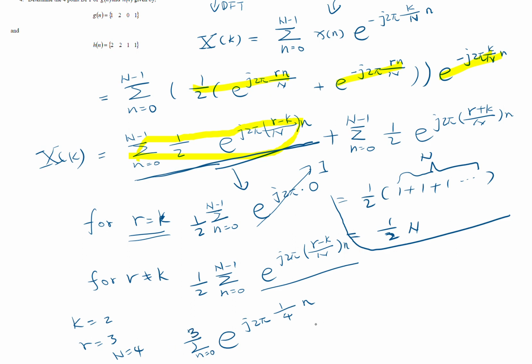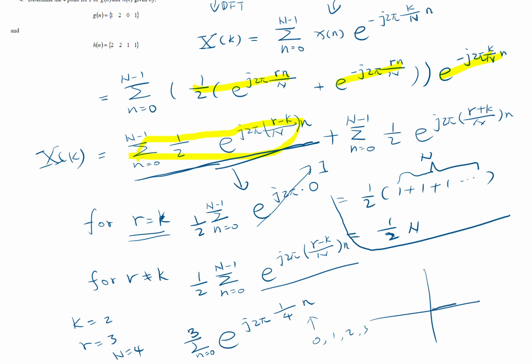We did the DFT up here, so we know this is actually a lot of phasors, a quarter turn for n equal to 0, 1, 2, and 3. So n equal to 0, that's actually 0.